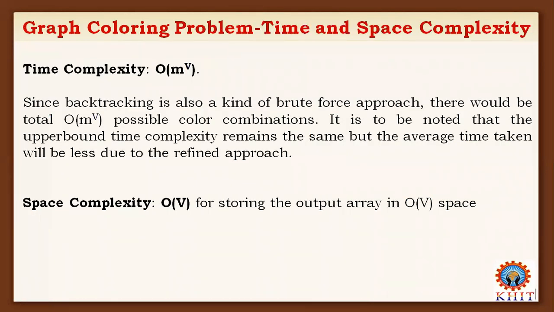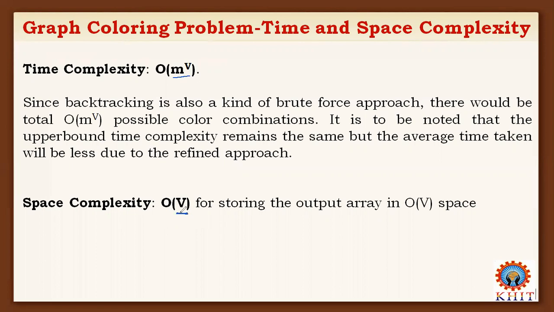Now we need to analyze the time complexity and space complexity of the graph coloring problem. The time complexity, in terms of vertices and number of colors, is order of m power v, and order of v is the space complexity.